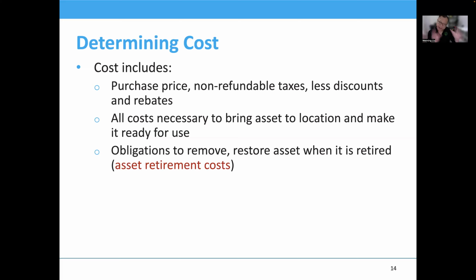So you have to bring that projector to the building, the classroom, and so there is additional cost. Maybe there is a shipping cost, so that cost should be included as part of the cost of the projector, the asset.